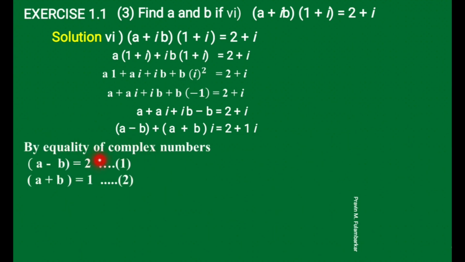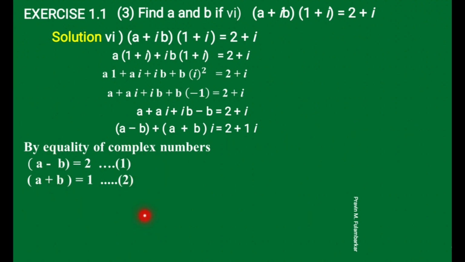So we write by equality of complex number, a minus b equals to 2 and a plus b equals to 1. So we denote a minus b equals to 2 as equation number 1 and a plus b equals to 1 as equation number second. Now we directly add these two equations.